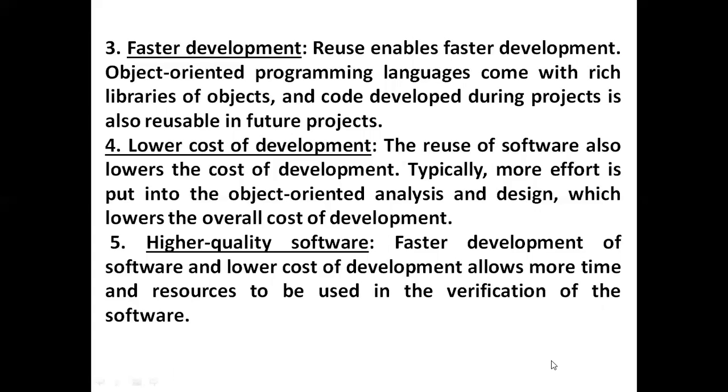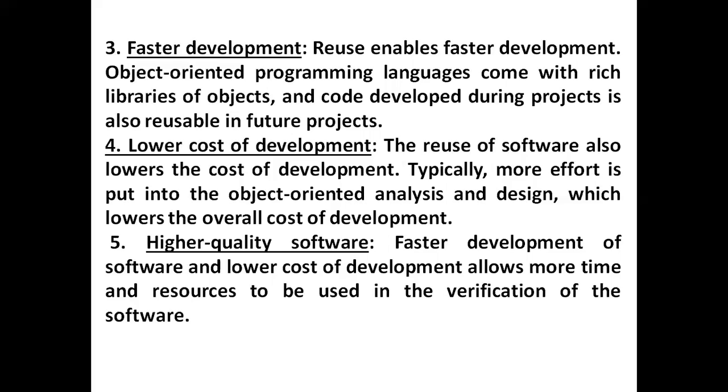Next is low cost because of reusability, because what we have already made, if you are using it again and again, there is no need to spend money for that function which is already made. So naturally cost is also low. If you make a new function, then cost will increase, but if you reuse your previously made function, then the cost of development will be lower.